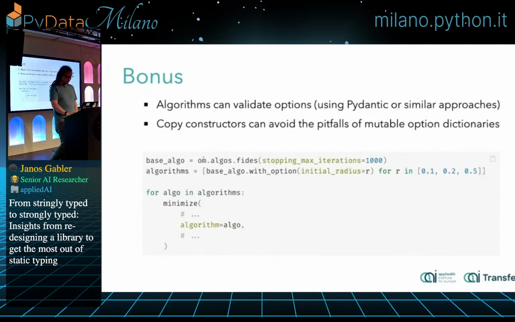For example, here we use a trust region optimizer, configure it with basic options, and then we try out multiple different initial radii to see which one works best. And if you consider that you have an options dictionary and you forget to make a copy, you can very easily run the same optimization 3 times without even knowing.